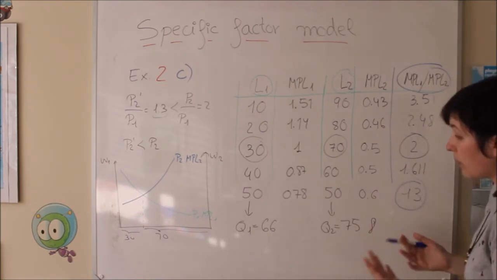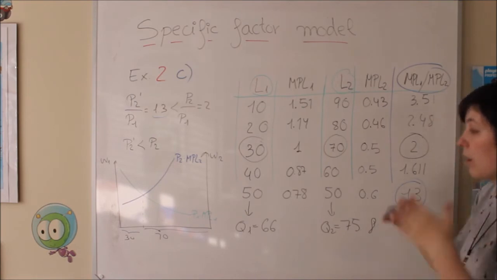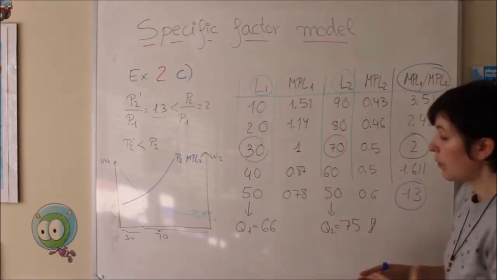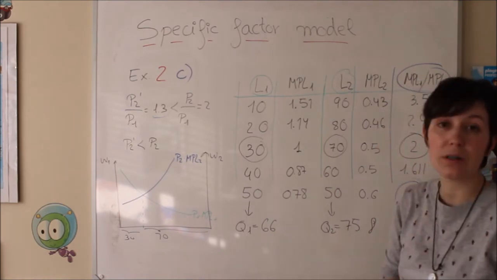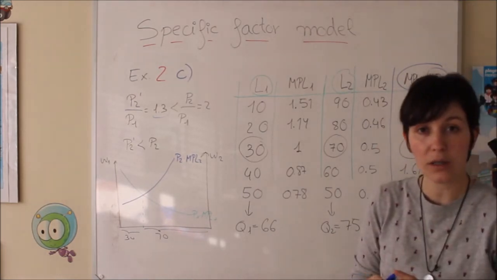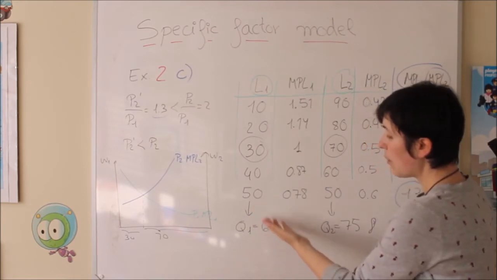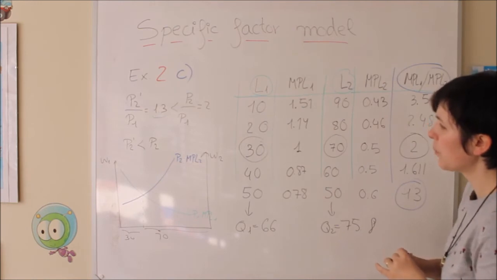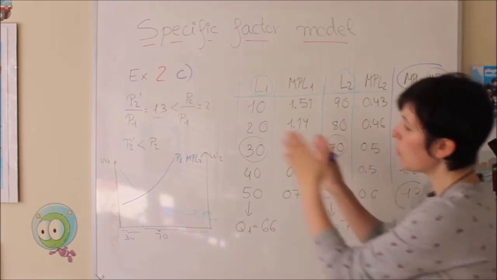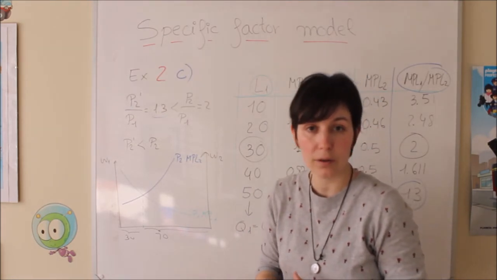Now, I already know that the output associated with this new allocation of labor is this one, okay? I got this information from the first table, because in that one I have the output for any number of labor in its industry. Now I'm going to go here and find the new allocation of workers.